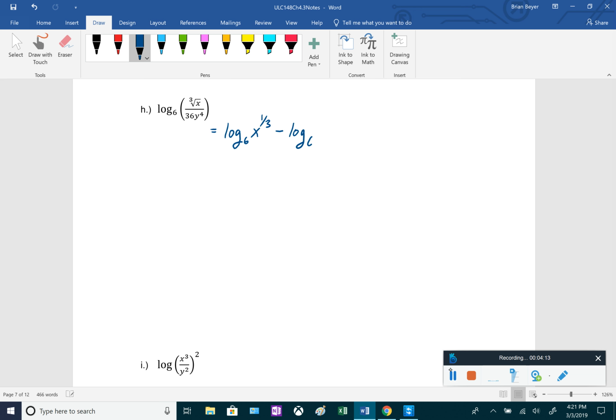So minus log base 6 of 36 minus log base 6 of y to the 4th. So next, for the power rule here, bring down the exponents, 1/3 log base 6 of x. Log base 6 of 36 is 2, so minus 2, and then minus power rule for log base 6 of y.